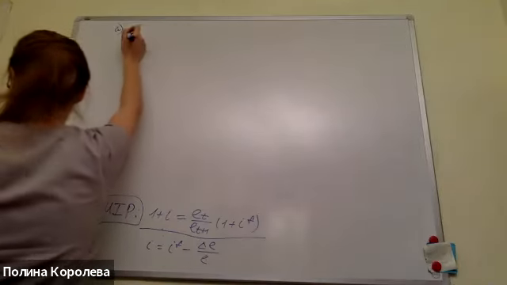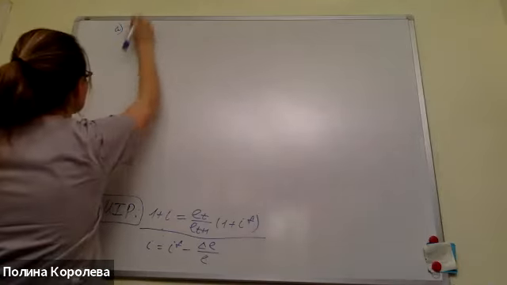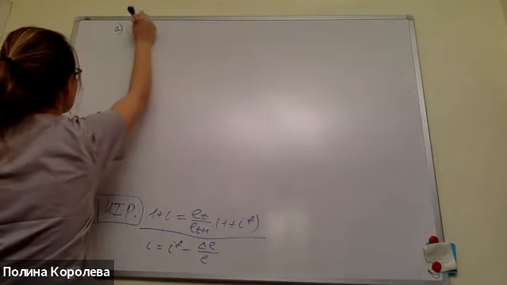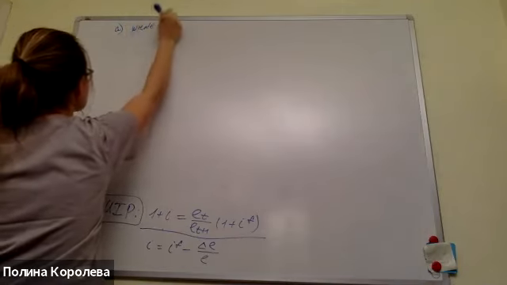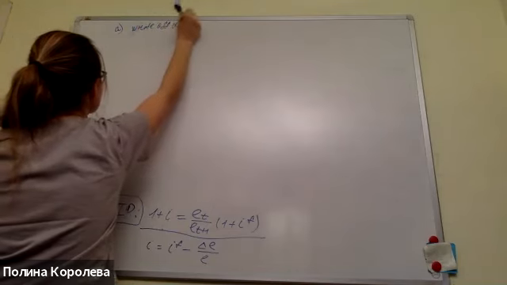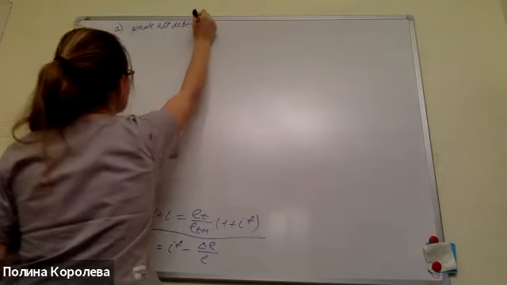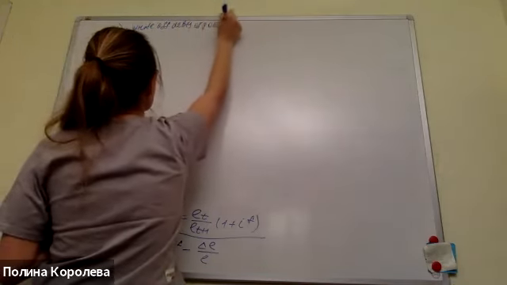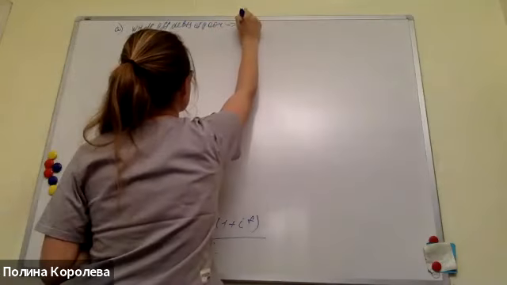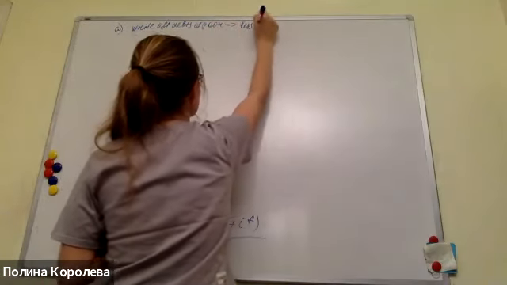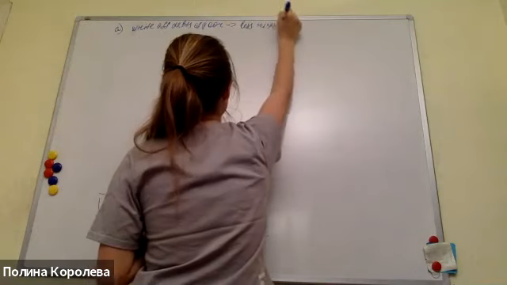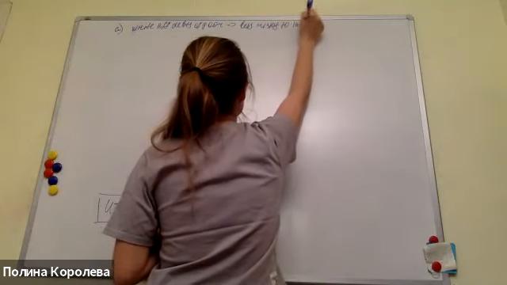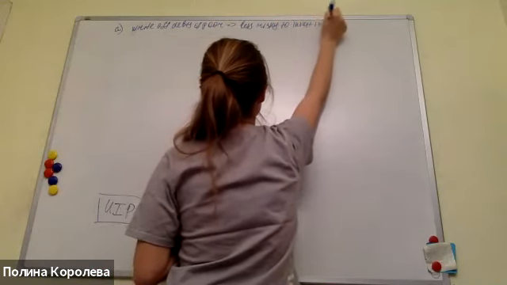So let us write down: write off debts of poor. That means now it is less risky to invest in poor.